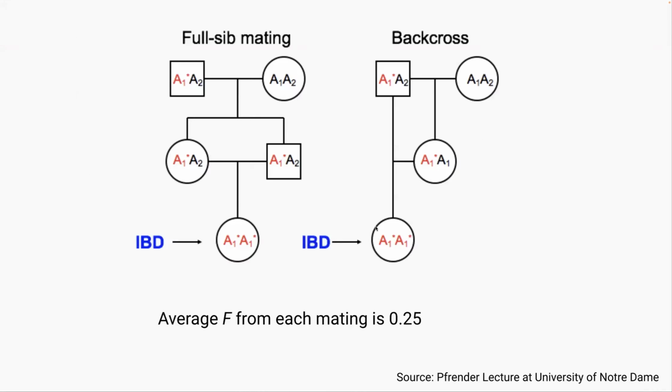This is one example. If you have mating between full sibs, then your IBD is going to be 0.25, because it's 0.5 times 0.5, which is 0.25. And if you have a backcross, which is one of the parents with the offspring, then IBD is also 0.25.